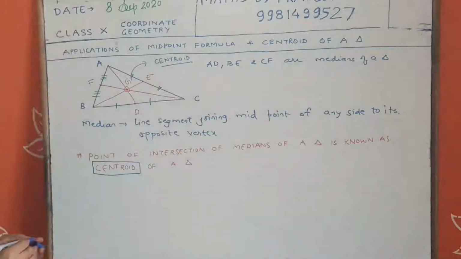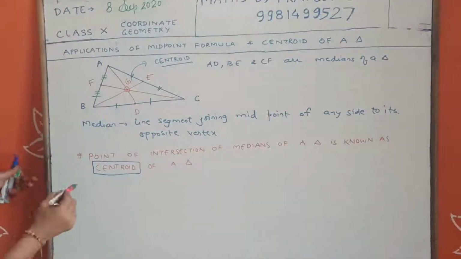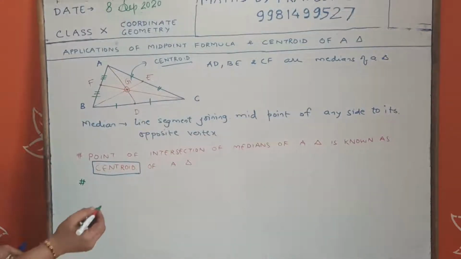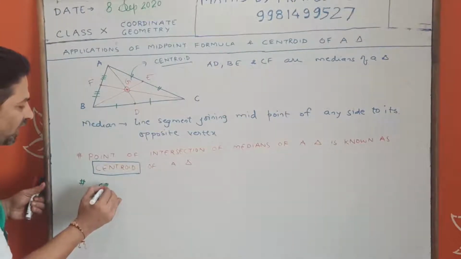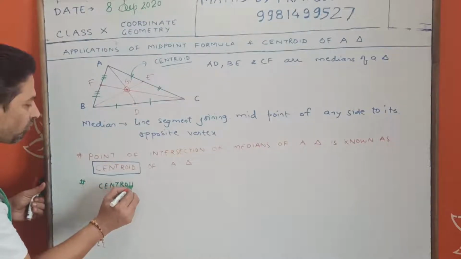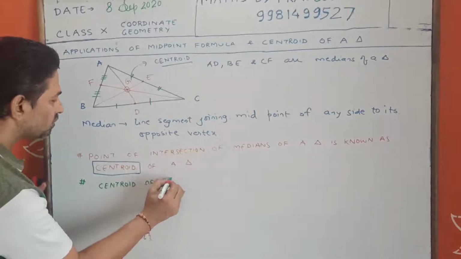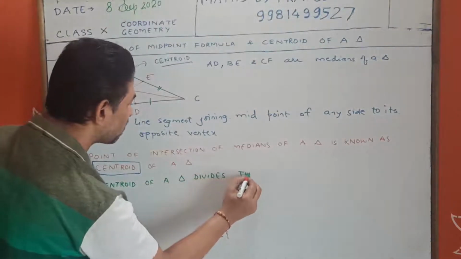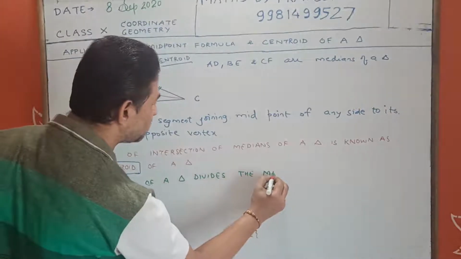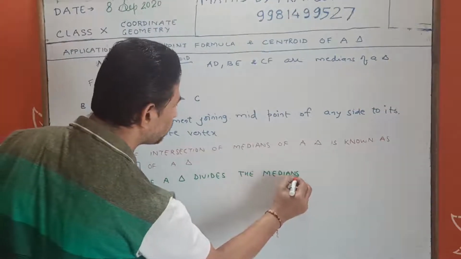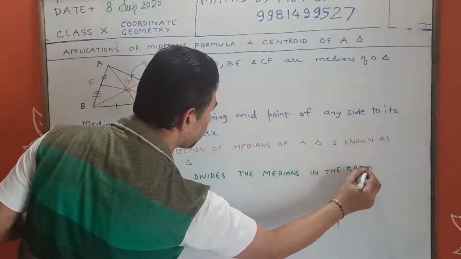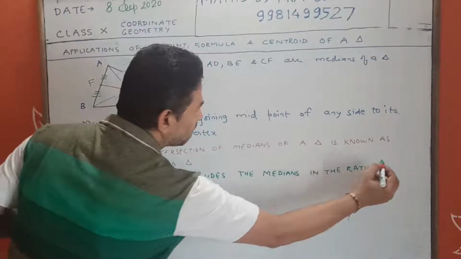Okay, now very important property which will help you to find out the coordinates of centroid, which we have discussed yesterday. Centroid of a triangle divides the medians in the ratio 2:1.